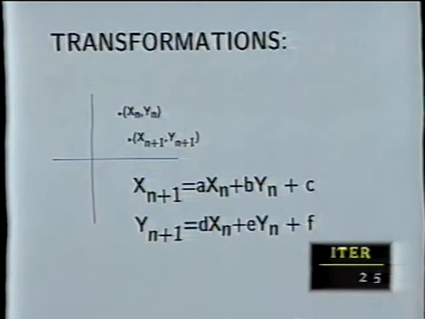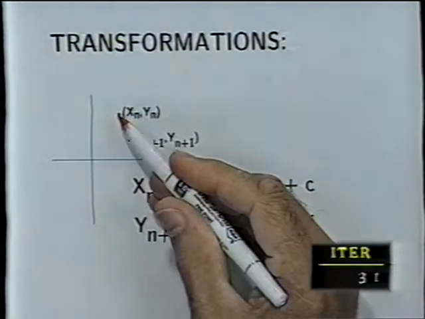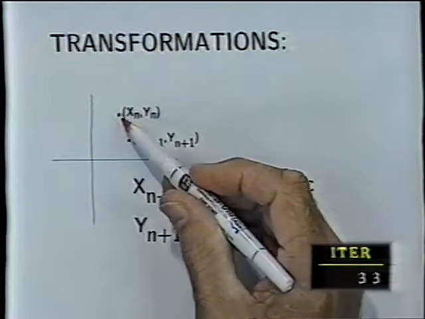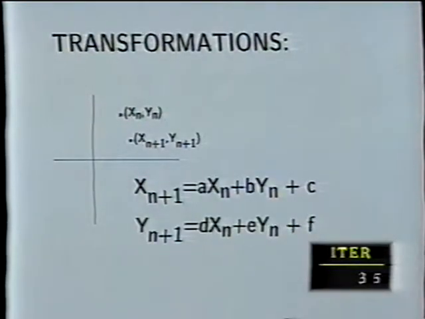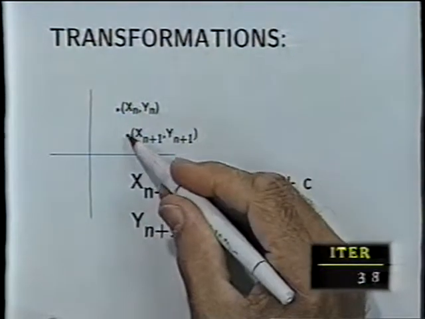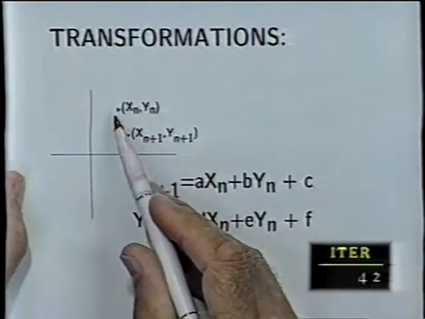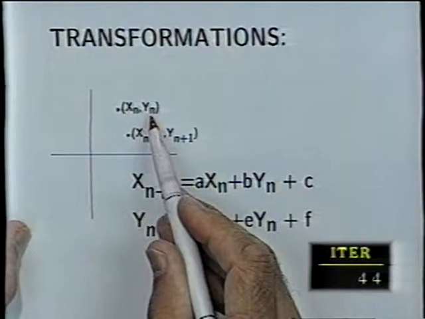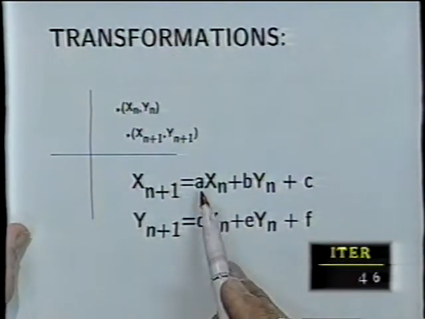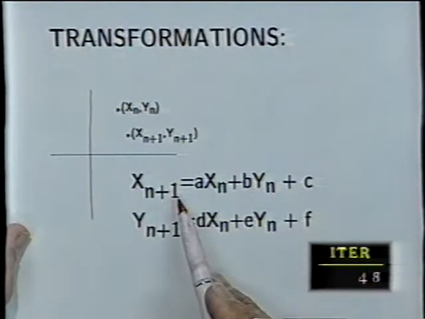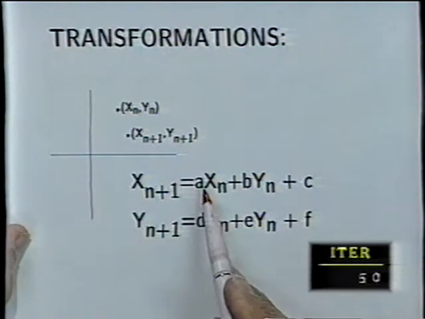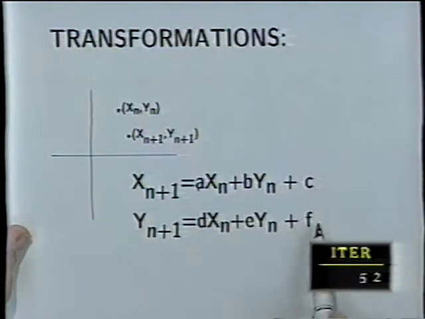Transformations. What happens is that we have ourselves a point in space here, and that point gets transformed into another point here by some set of equations. Here's the equations which does it. That is, if I'm at point x n, y n at a particular time, then at the next time period I'll be at... this is A, B, C, D, E, F are just numbers.